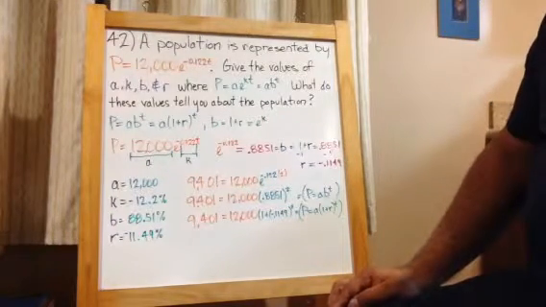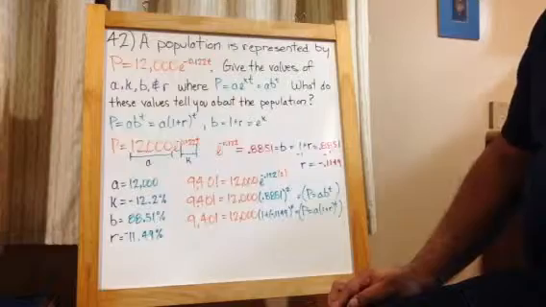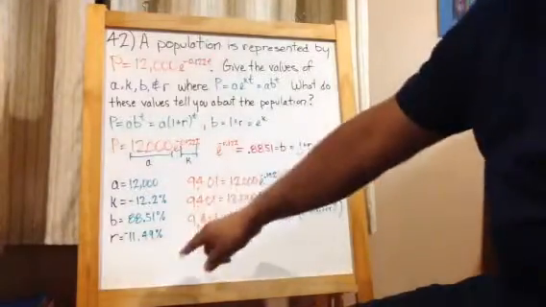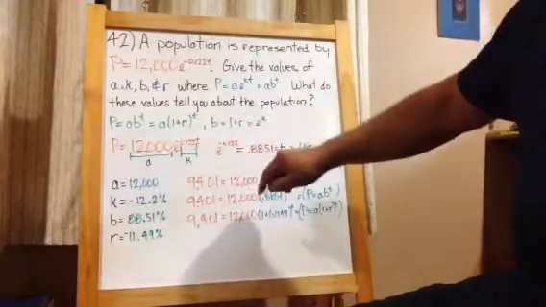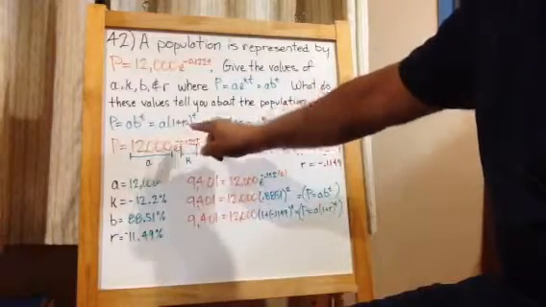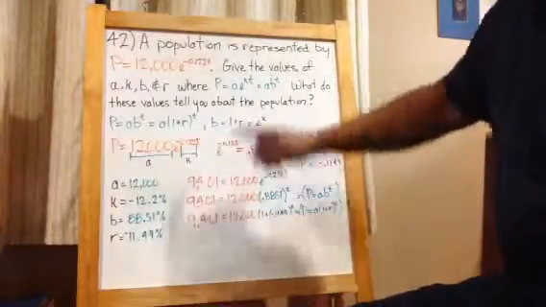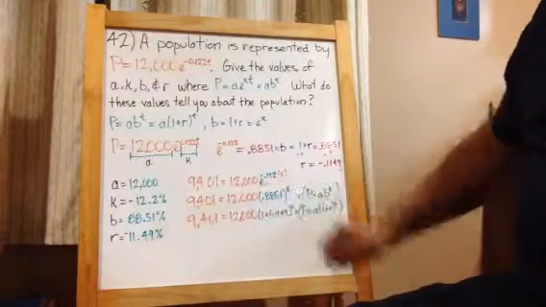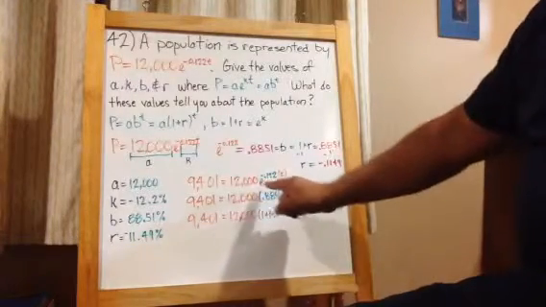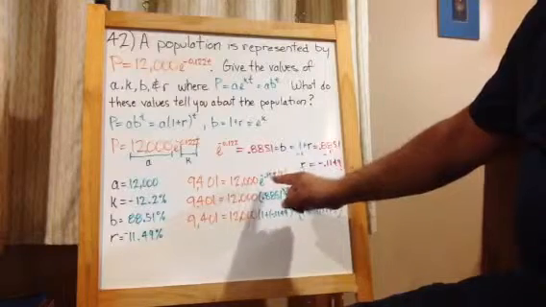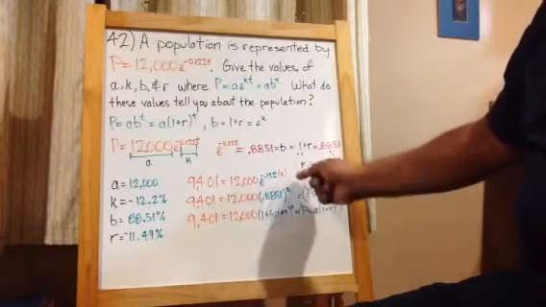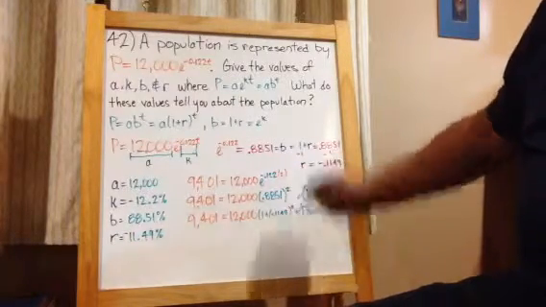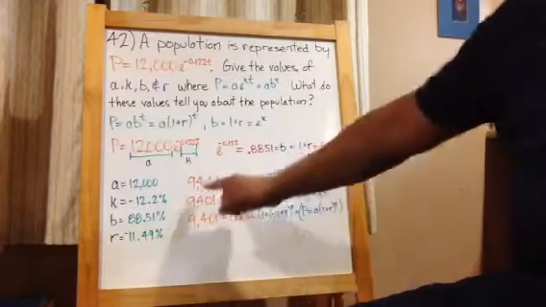So what I did here was I plugged in all 3 different formulas, the A times 1 plus r, the A times b, and the A e to the kt, and I used all our different numbers, 12,000 times e to the negative 0.122, and I used 2 for the t value in all these formulas just for consistency.